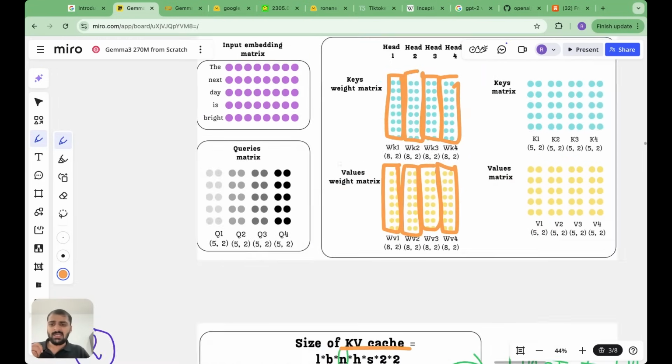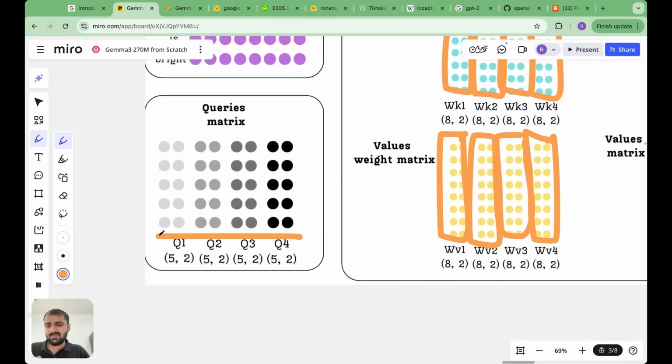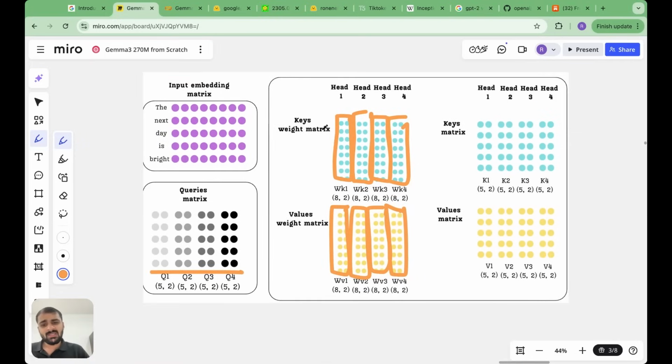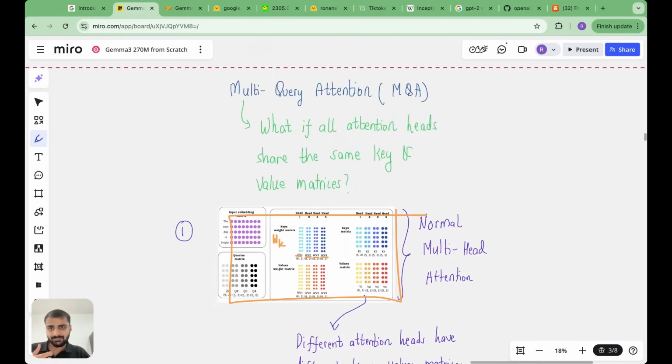That's why it's called multi-query attention. In the queries matrix, Q1, Q2, Q3, Q4 are different. We don't share values across heads for the query matrix, but for the keys and the values matrices, the content is actually shared across the heads. That is why this is called multi-query attention.